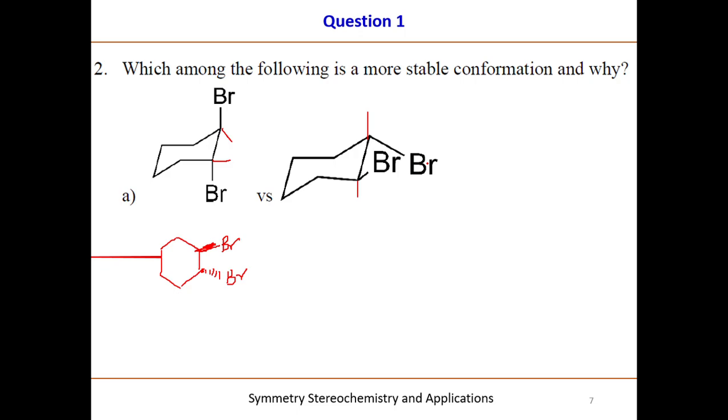Okay. For this question now, we will consider trans here. Then we will draw the Newman projection here. If we draw the Newman projection of these two carbons, you will see these are anti to each other. I will draw here, right?